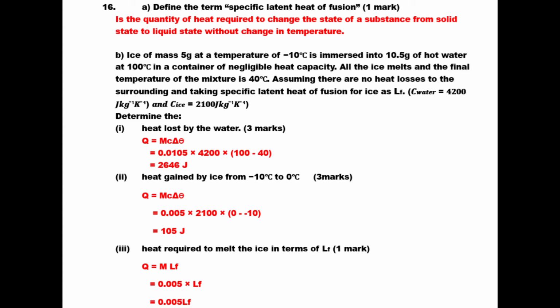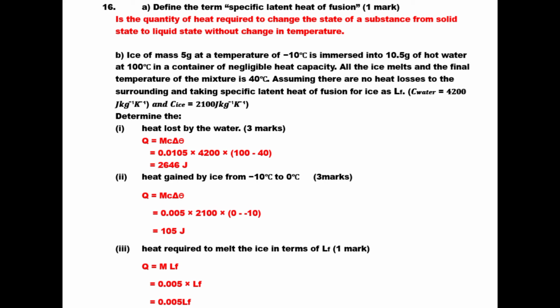Ice of mass 5 gram at a temperature of -10 degrees Celsius is immersed into 10.5 gram of hot water at 100 degrees Celsius in a container of negligible heat capacity. That means we have a container having hot water at 100 degrees, and now you are submerging ice at -10.